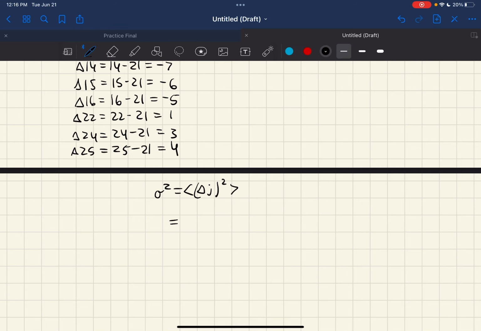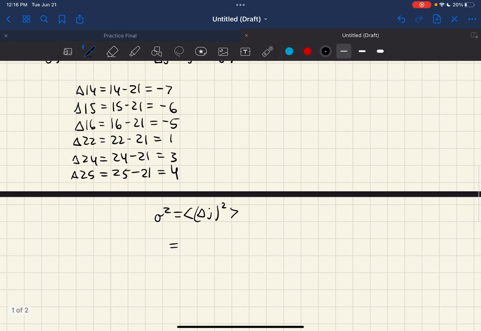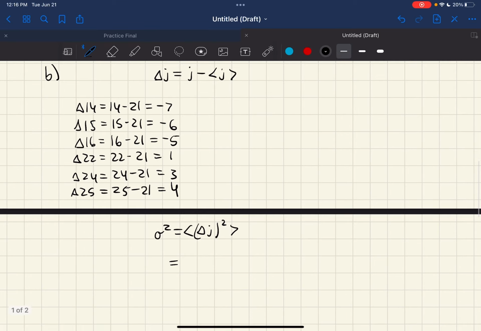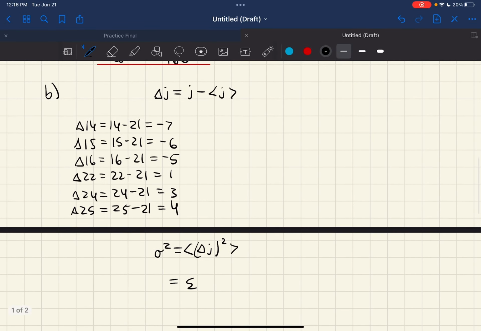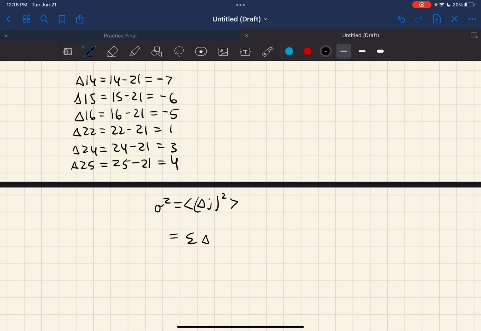We have all the delta j's, so now we just need to square them. The formula for this is the same as the previous formulas. It's just the sum over delta j squared times n sub j, all over the total number of people.